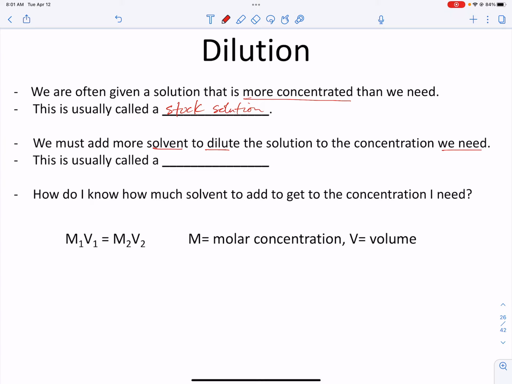The one we're working with is called our working solution. When you're doing something like this, here in the chemistry department, when you show up for lab, everything's already been measured out in the right concentrations in these nice little clear dropper bottles that you often see on the benchtop. But there are people who work in what we call our stock room who take our stock solutions.